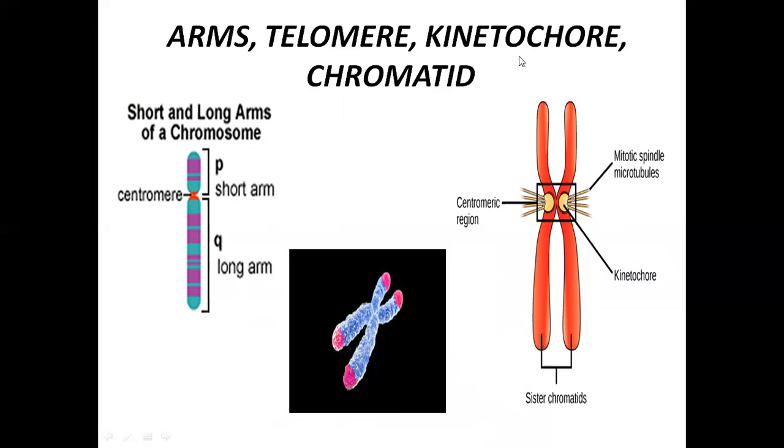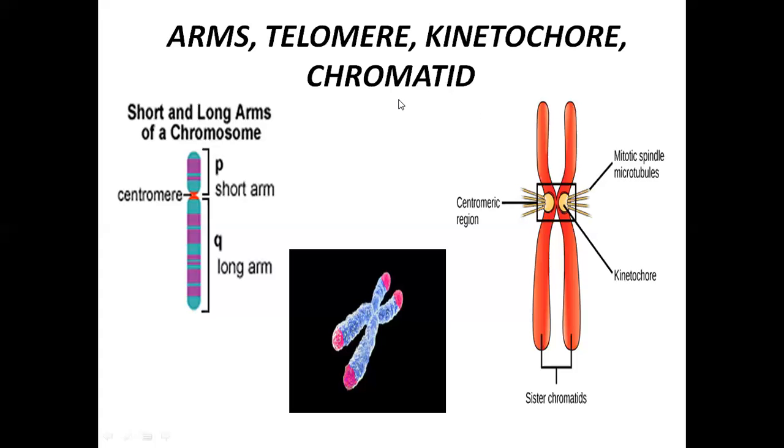Then the kinetochore, as you can see in this image, is a disc-shaped protein structure found at the centromeric region of the chromatid, to which the microtubules of the mitotic spindle are attached during cell division.